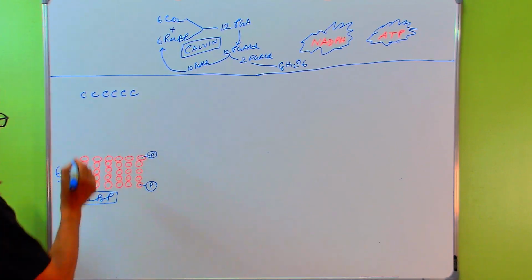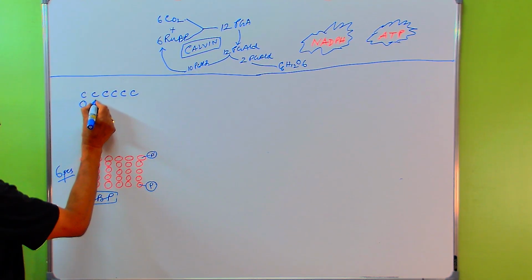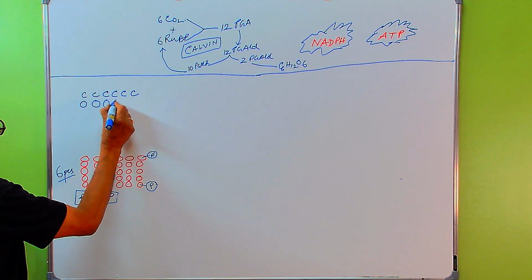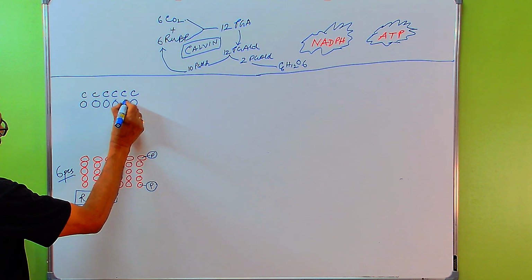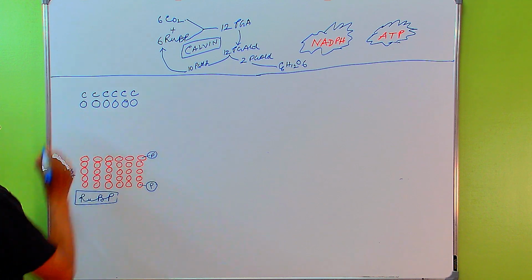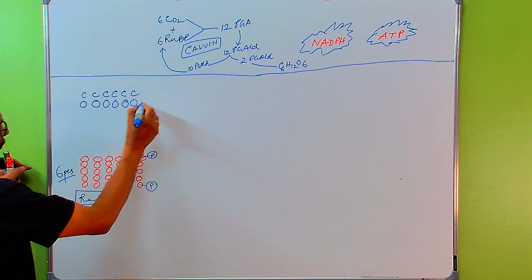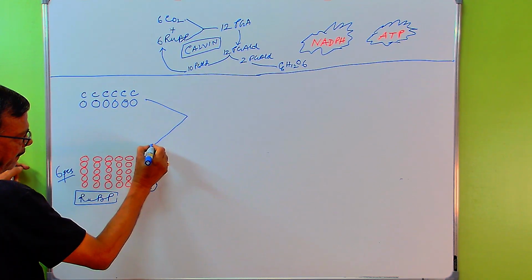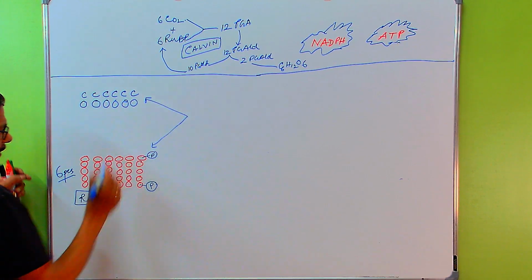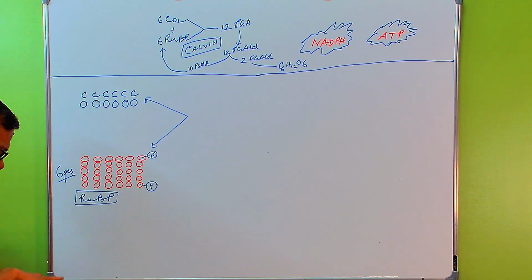So these carbons are like this. I will join them together to form a product. What will be there?